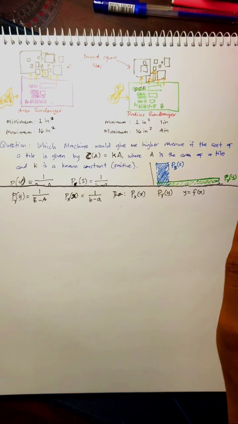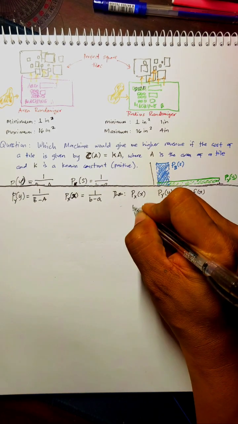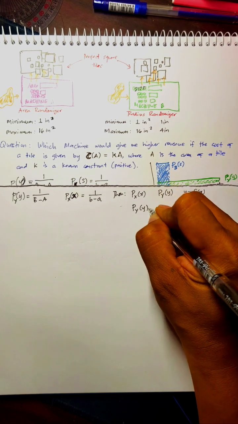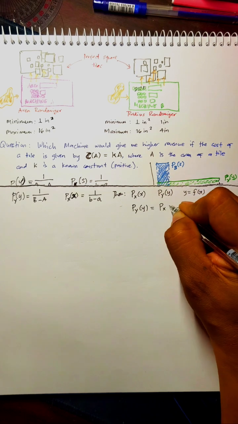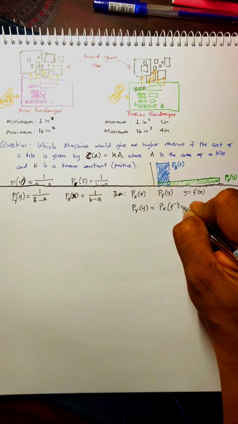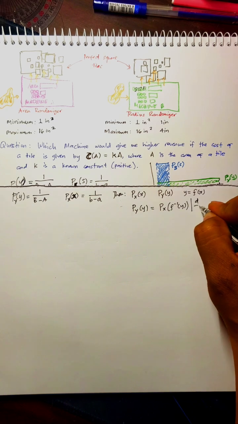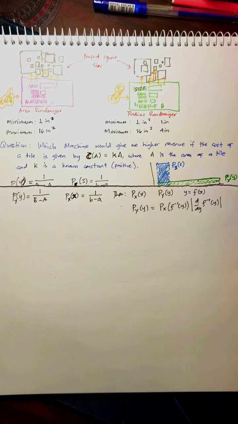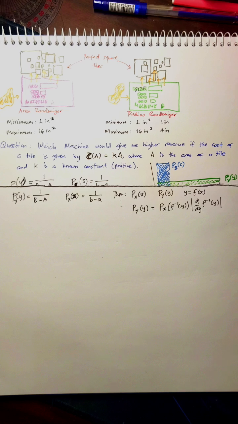The theorem states this one. This is a major result in probability theory. Py of y is equal to px of f inverse of y times the absolute value of d over dy of f inverse of y. So we just have to find this f inverse of y.